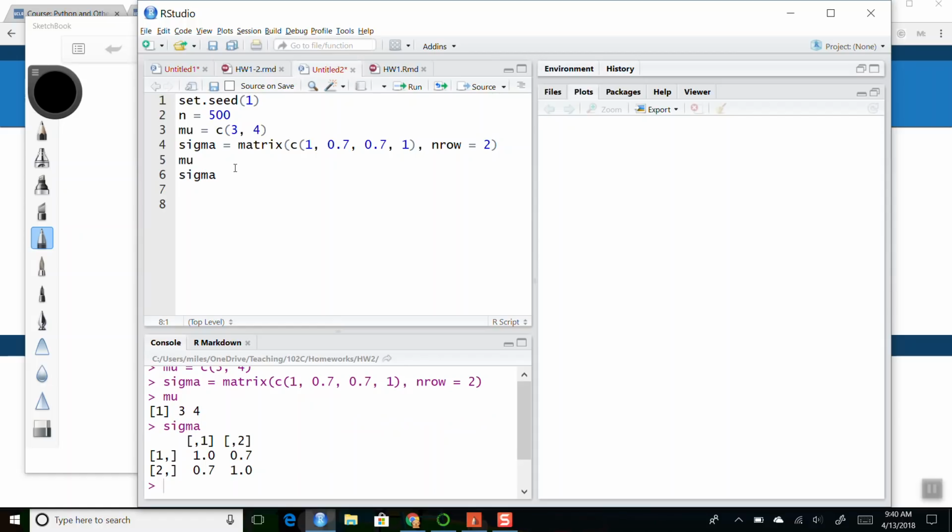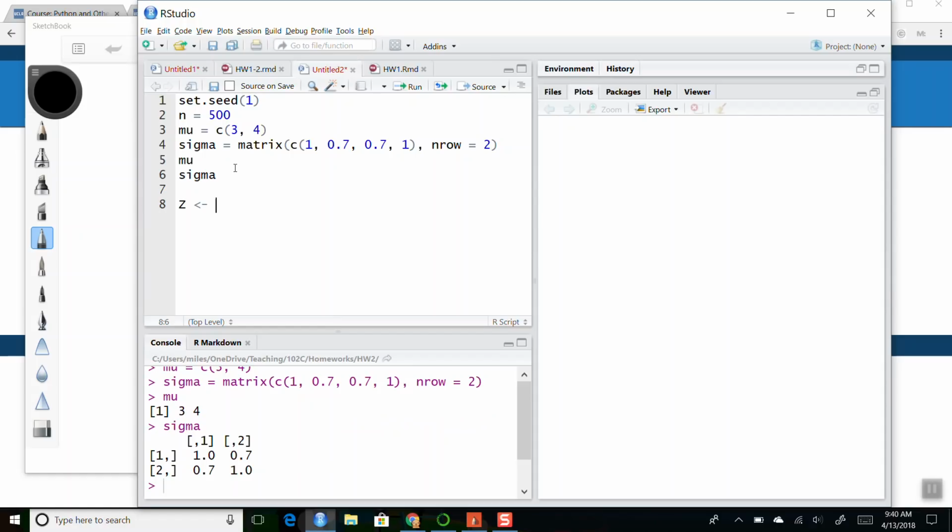All right, and so what we want to do is get z, and these will just be independent normal. So here I'm going to do rnorm, but into a matrix.